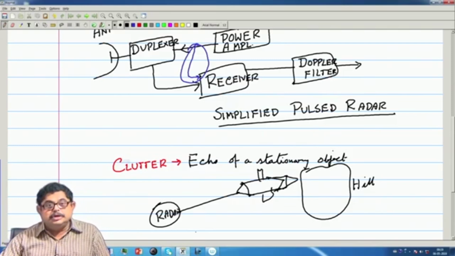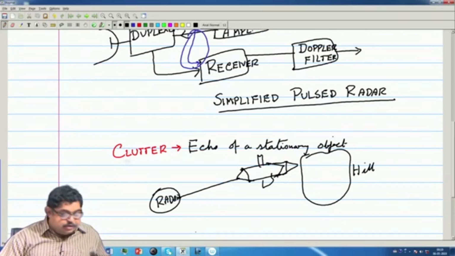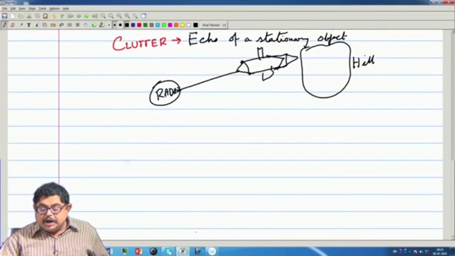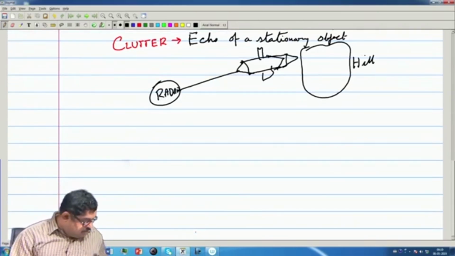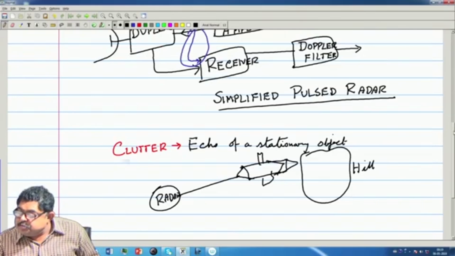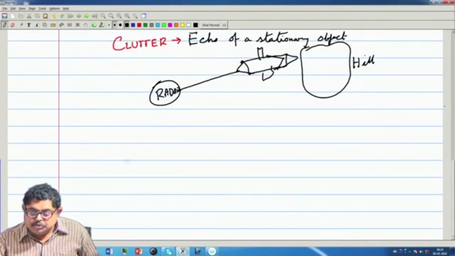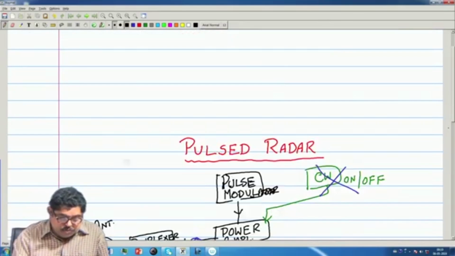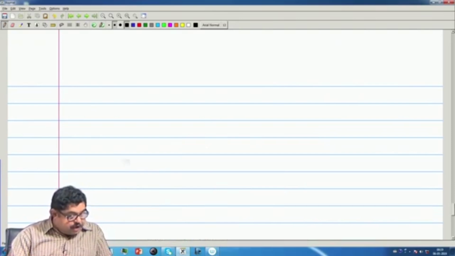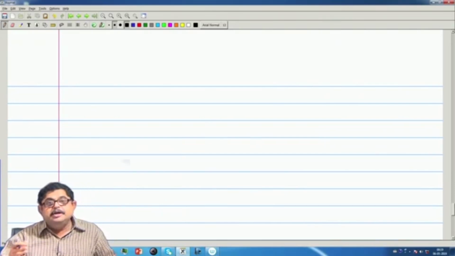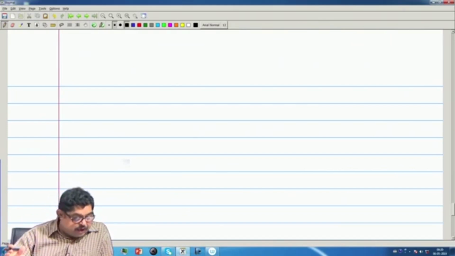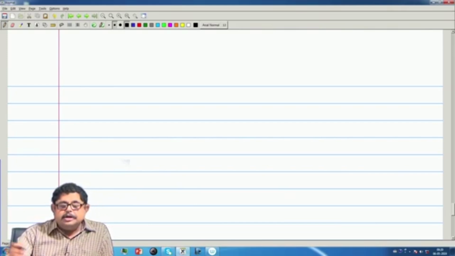Now, the second question that I want to ask, I also said this question earlier, is that suppose a pulse radar can furnish information about the target motion, because it is measuring range.